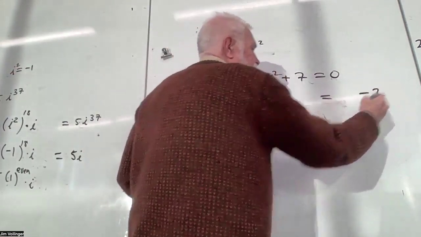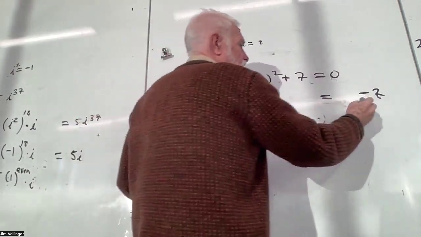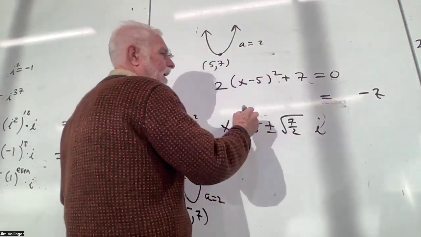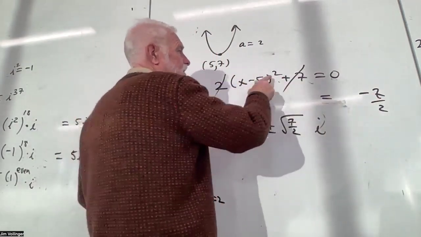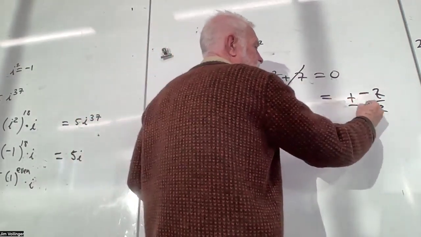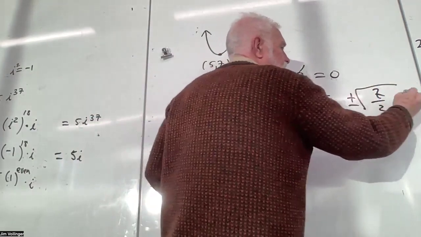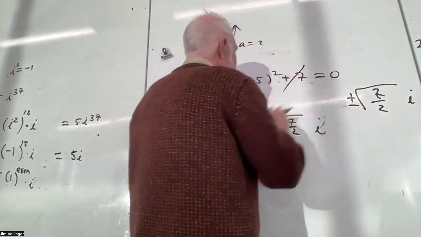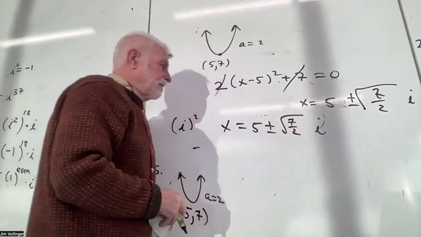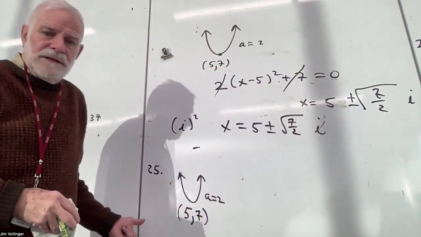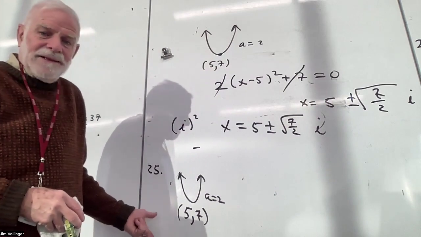You subtract 7. What's the second thing you do? Divide by positive 2. That takes care of that. What's the third thing? Plus minus square root, which means the minus sign goes out as an i. And what's the last thing you do? Subtraction of 5 becomes addition of 5. I think you can see that. Everything's right there.